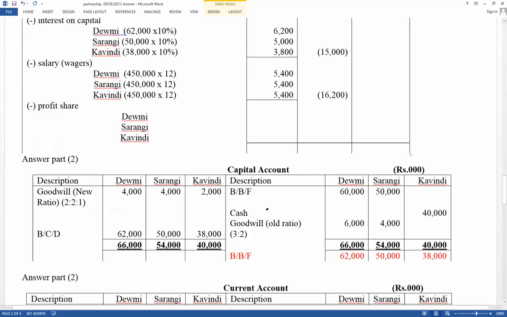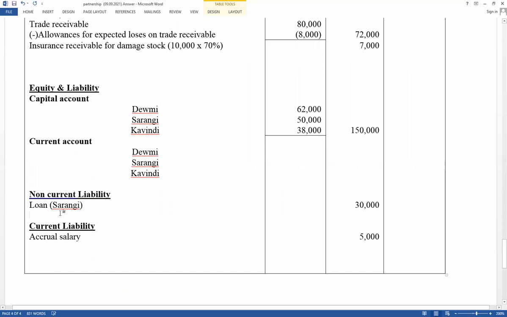And accrual interest under current liability, as well as bank loan, it has given 15% bank loan. 15% bank loan value equal 50,000. And accrual loan interest under current liability.